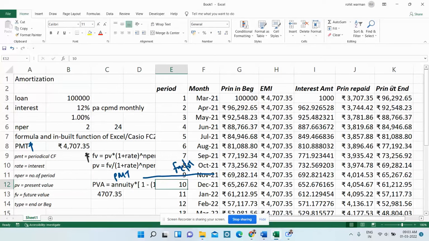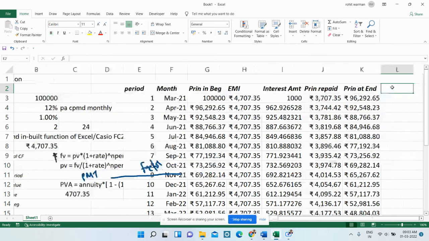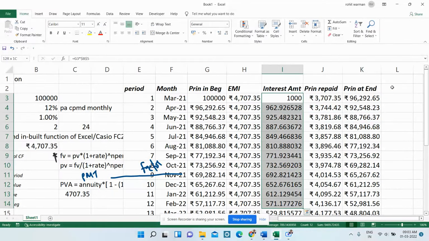Okay. So this is how it works. Now, what type of questions in the exam can be asked? In the exam, they can ask, what is the interest in the first year? Now, of course, what we did is we prepared the amortization schedule.